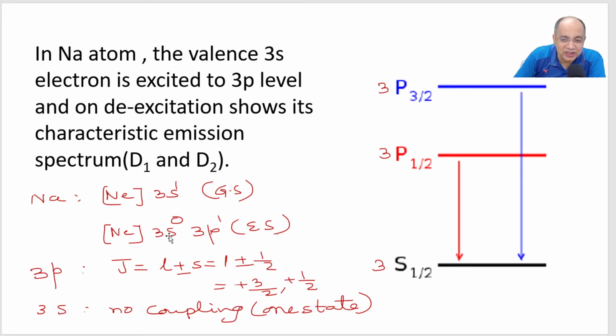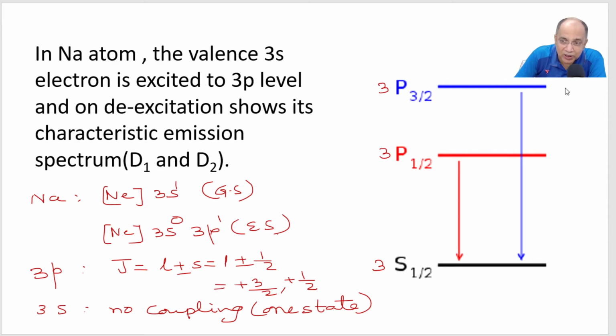So when the electron goes to the excited state, it is now in the p level, and then when it de-excites from p to s, 3p to 3s, not 2s, the same quantum level, it gives the energy photon that corresponds to the visible region, and one is D1, the other one is D2.